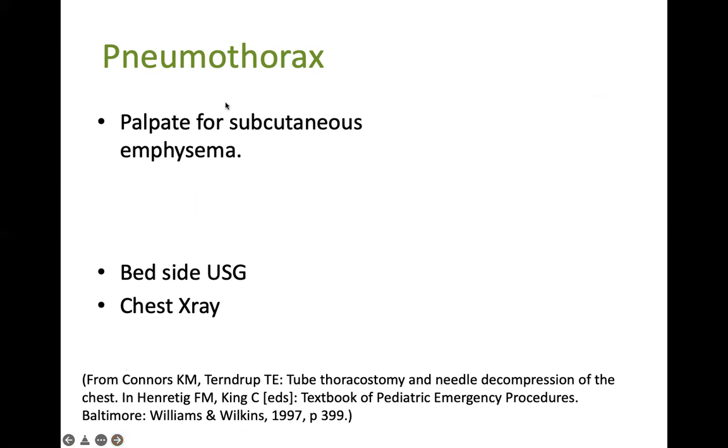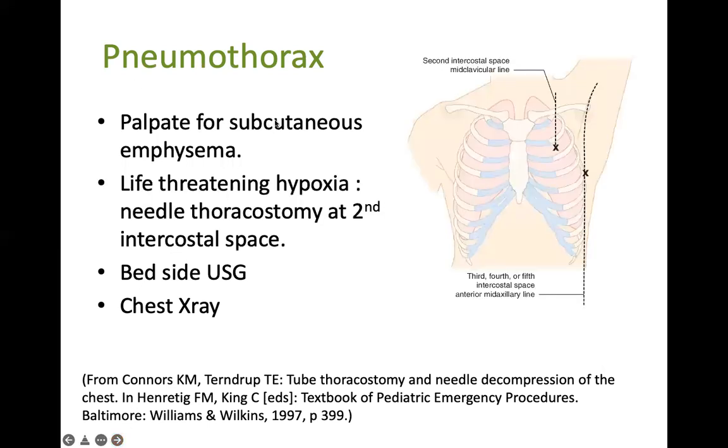This usually happens with subcutaneous emphysema, especially when you have a mediastinal emphysema, which is commonly associated with a pneumothorax also. But if along with that, or even without that, you find an asymmetric air entry and the patient is in life-threatening hypoxia, do not wait further. Just go ahead and put a needle in the second intercostal space in the mid-clavicular line, with an underwater seal. So needle thoracostomy should be done.